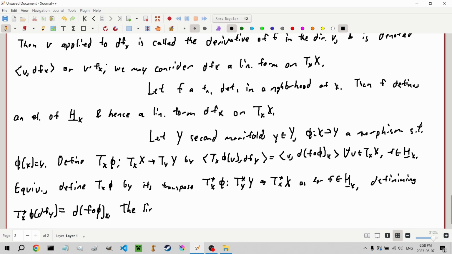The linear map T_x of phi is called the tangent map of phi.